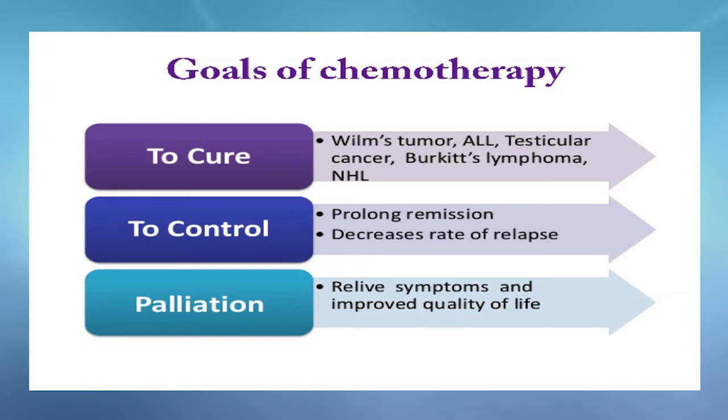So you would like to improve the quality of life of the patient, improve the oxygenation, improve the appetite, decrease the pain, and here chemotherapy is used to relieve this kind of symptom. The best example is pancreatic cancer, where the patient comes with an unresectable disease and has either obstruction or back pain, and chemotherapy may improve the patient's symptoms.